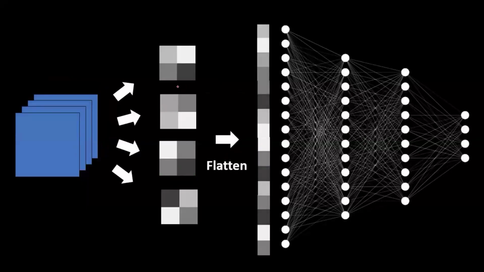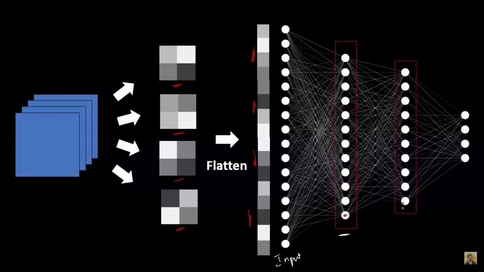So now these 4 images are flattened into a single one-dimensional array. And now this flattened array will be used as an input to the fully connected layers. This one single layer is called one fully connected layer. It is called fully connected layer because every single neuron of that layer is connected to all the neurons of the previous layer and to the next fully connected layer.